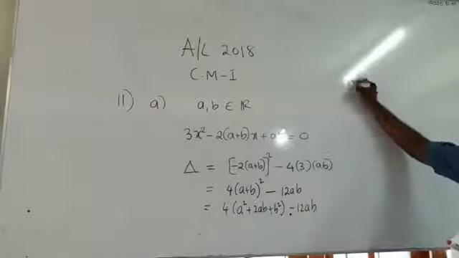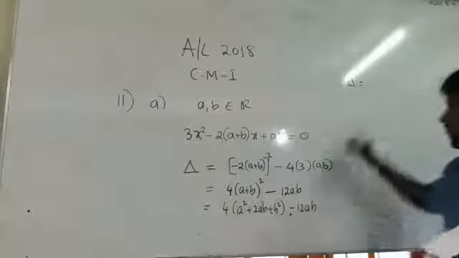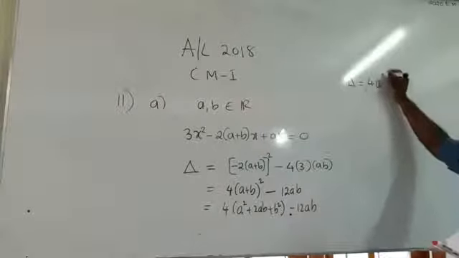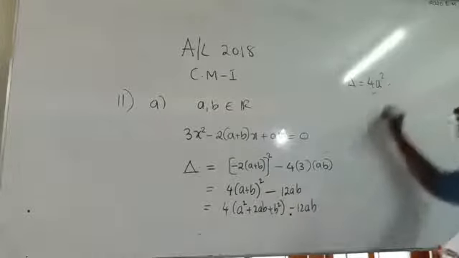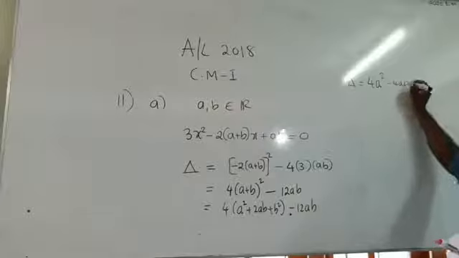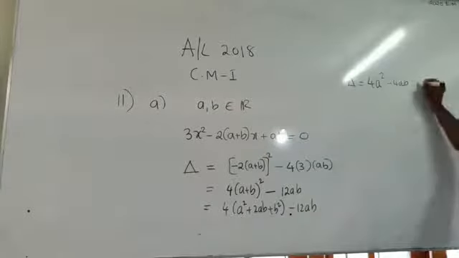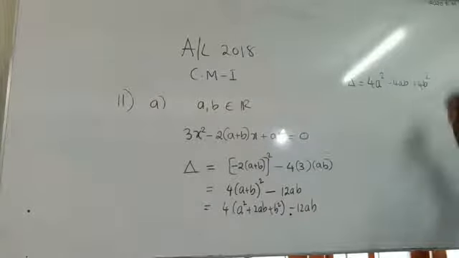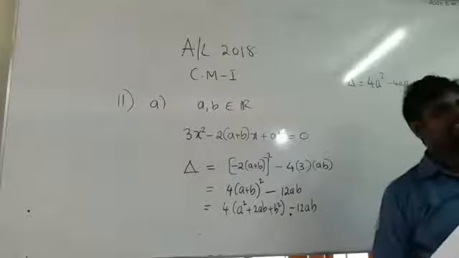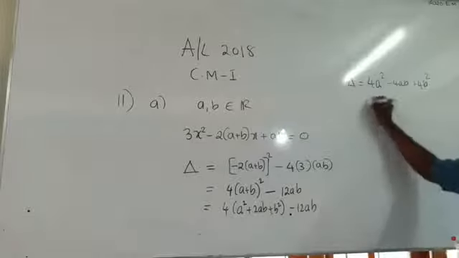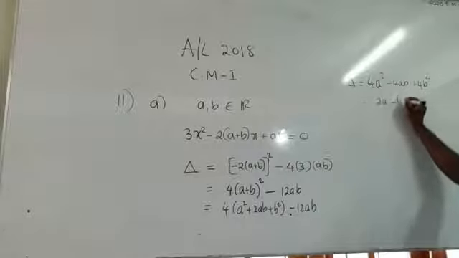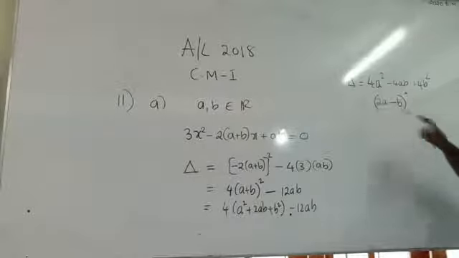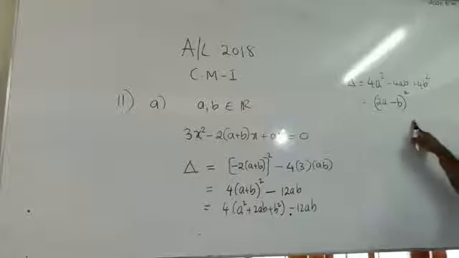So now delta is 4a squared, 8ab minus 12ab, minus 4ab, plus 4b squared. Can you write like that? Yes. Now you can show (2a minus b) whole squared. Can you write like this? Yes, but we have to adjust.